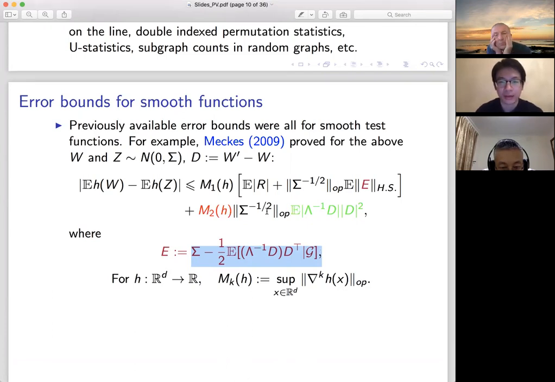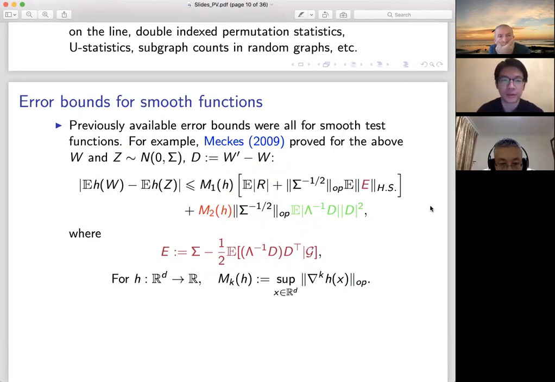Then we have a similar operator norm of the inverse covariance matrix and a third moment of the Euclidean norm of the difference between W prime and W.